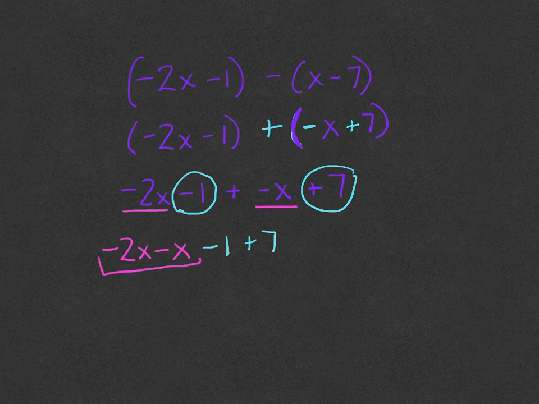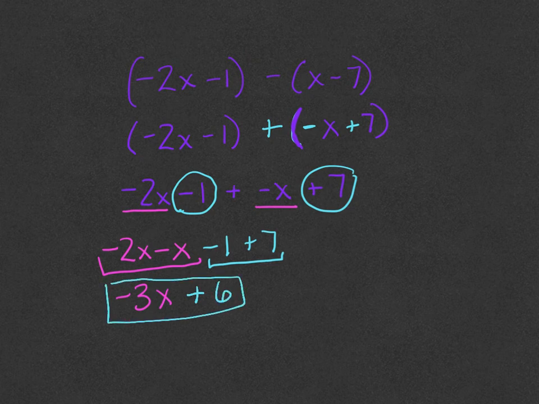Combine my variables, negative 3x, and then a negative 1 plus a 7, that's a positive 6. If you want to think of it as 7 minus 1, that's okay too. But you have more positives than negatives, so your answer will be positive. In this case, it would be positive 6.